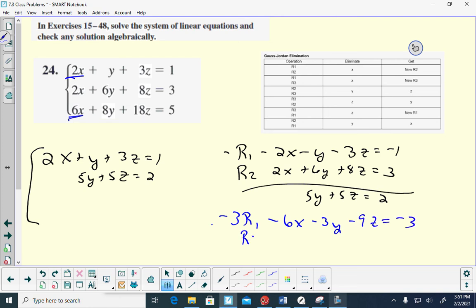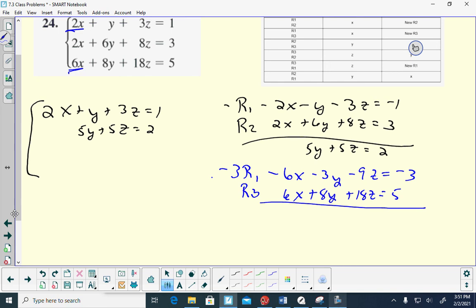I'm going to add row 3, which is 6x plus 8y plus 18z is equal to 5. I have not changed that one at all. And when I add, I get 5y plus 9z is equal to 2.